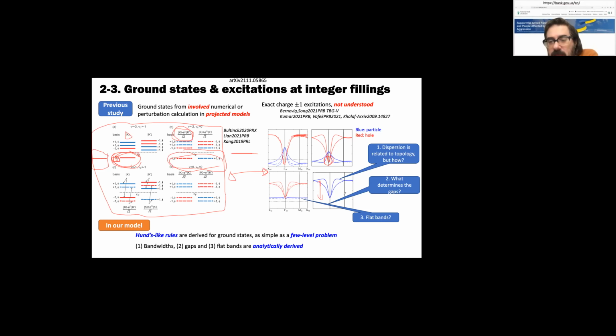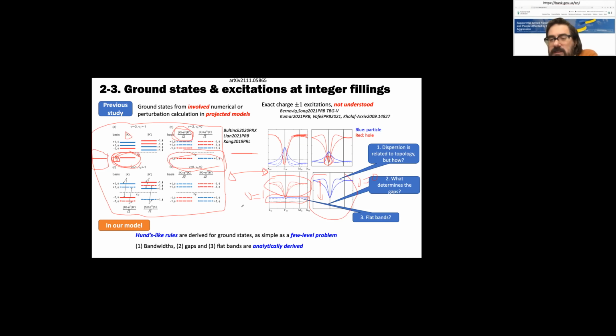So for example, at filling 0, mu equals 0, this is the dispersion for both electrons and holes. But at filling mu equals 1, the dispersion for electrons is very dispersive, but the dispersion for holes is not dispersive at all. So these were things that were coming out of the strong coupling approach, which could not be explained. You would just do the plot, you'd see them, but you couldn't explain them.